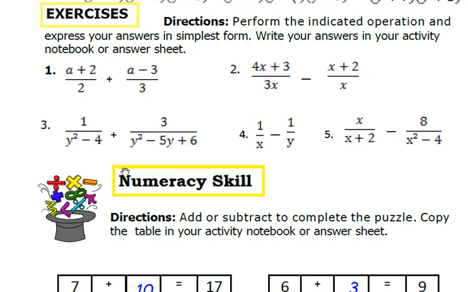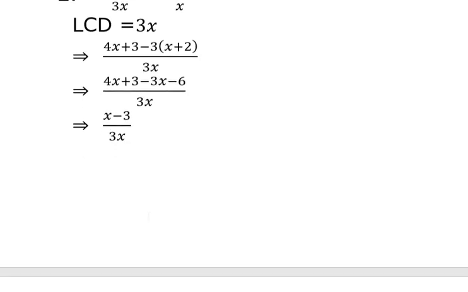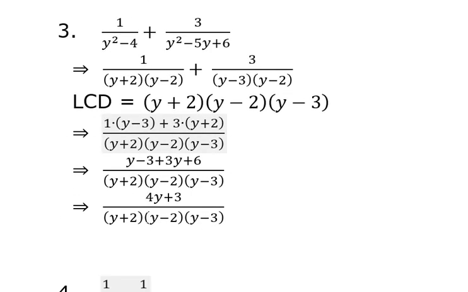Number 3, 1 over y squared minus 4 plus 3 over y squared minus 5y plus 6. Solution. We copy and then we factor out the denominator of the first term.